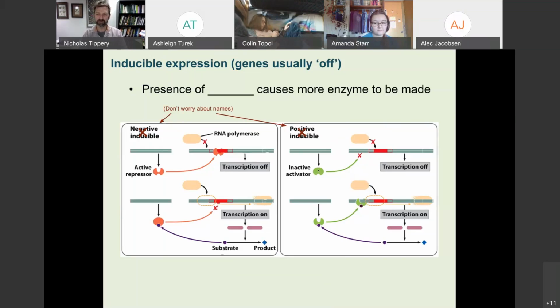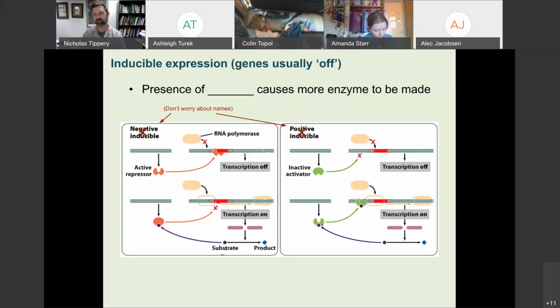We've already seen the example on the right. This is an activator. The activator, when it attaches to DNA, allows RNA polymerase to attach, allows transcription to happen. And in this case, this is an inducible system where it's inducible using an activator. So in its form without the substrate, the activator cannot attach to the promoter. When the substrate is present, it attaches to the activator, causes it to change shape.